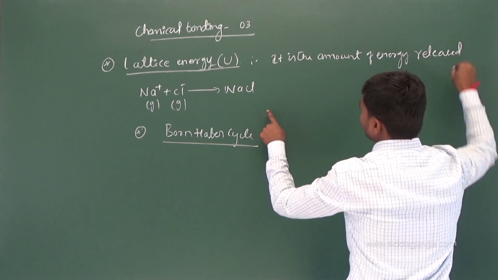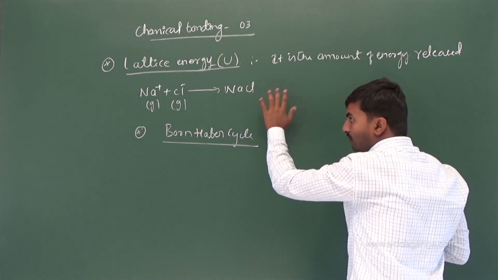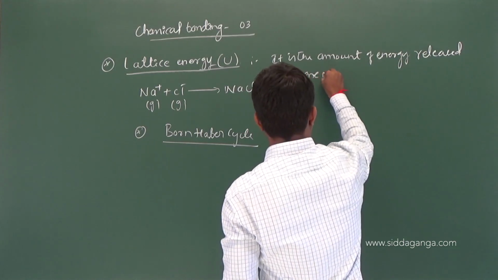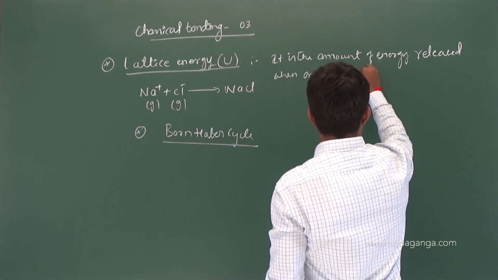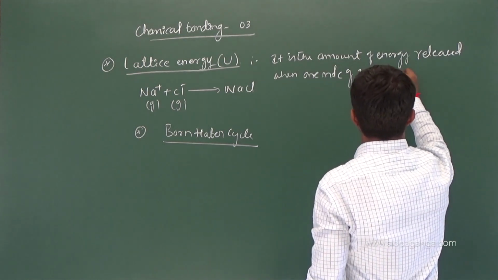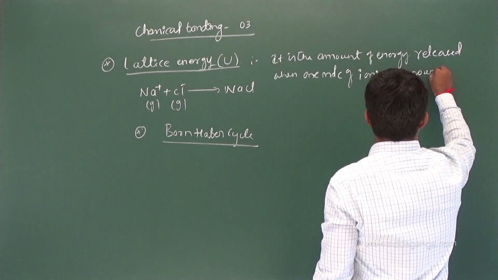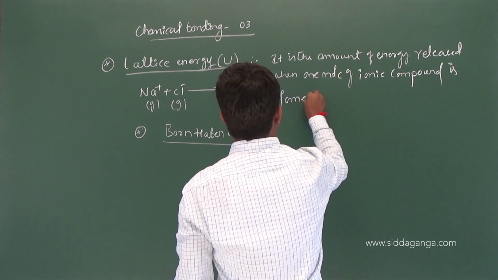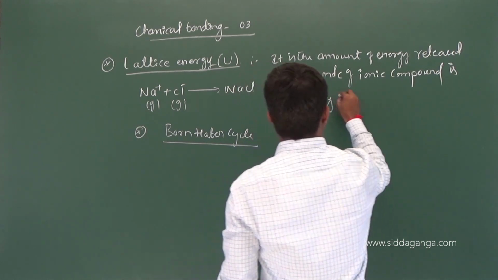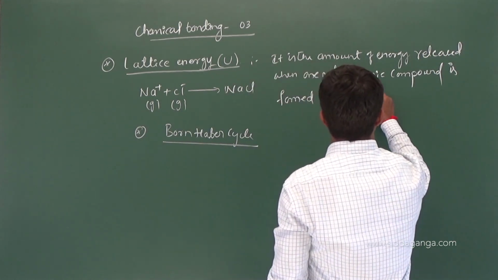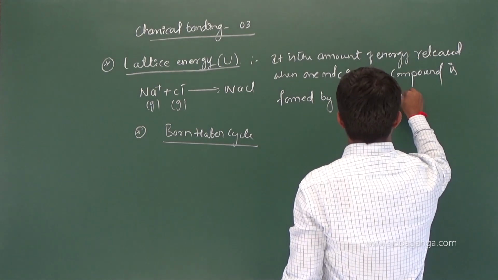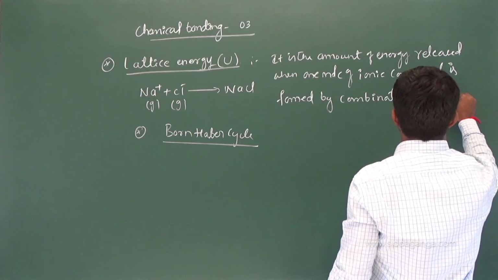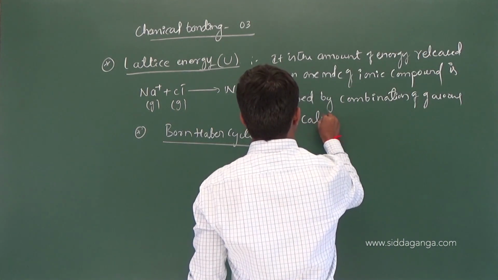It is the amount of energy released when 1 mole of ionic compound is formed by the combination of gaseous cation and anion.